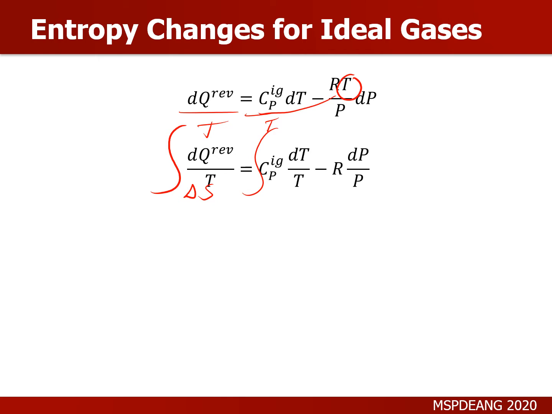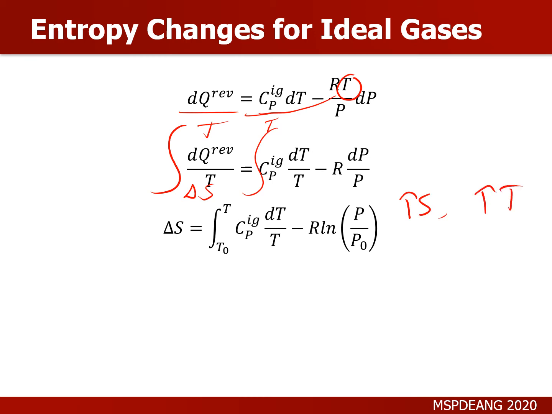Then the integral of negative R dP over P is equal to negative R ln P over P naught. So delta S is now equal to the integral from T naught to T of Cp^ig dT over T minus R ln P over P naught. And as you can see from here, how do you increase the entropy? Entropy increases if you increase the temperature or if you decrease the pressure.